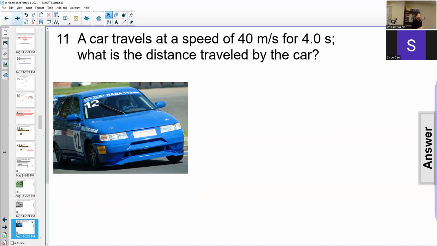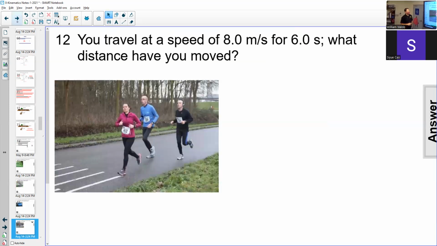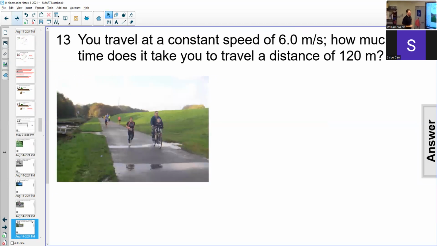160. We have to think about it: speed is distance divided by time, so distance would be speed times time. So we get 160. You travel at a speed of 8 meters per second for 6 seconds. What distance did you move? 48 meters. So we can use that speed equation to solve several different kinds of questions.